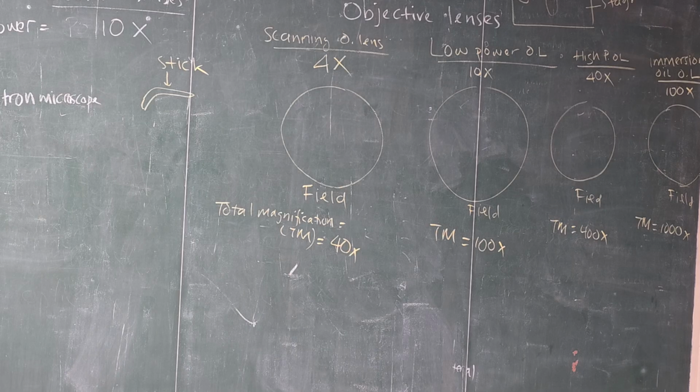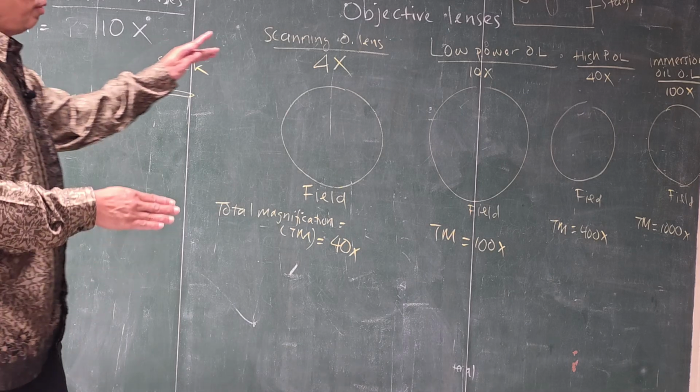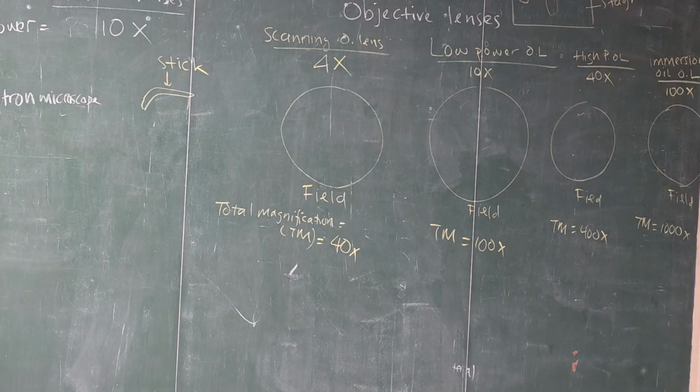If you want it brighter, you can open it up. If you want to see it dimmer, then push it to the right. So you can play with that one. Got it?